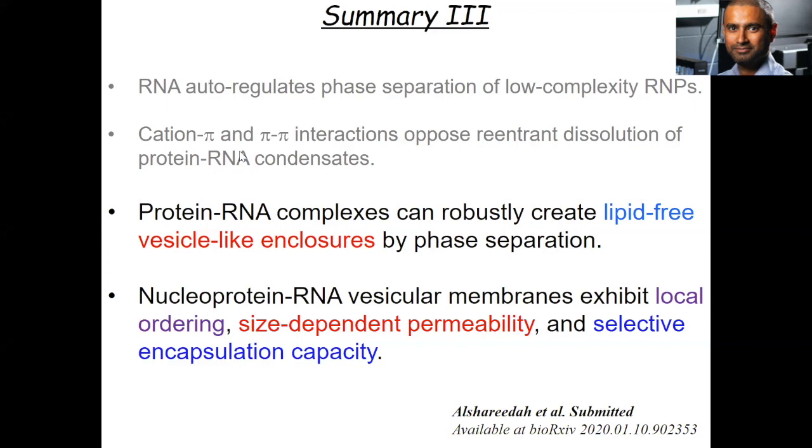And again, we are only looking at a tRNA system where you have one protein, one RNA. But for droplet-inside-a-droplet morphology, you need at least one more component, suggesting that the molecular mechanisms could be different, and it could be a collective phenomenon coming from the multi-component nature of the system.